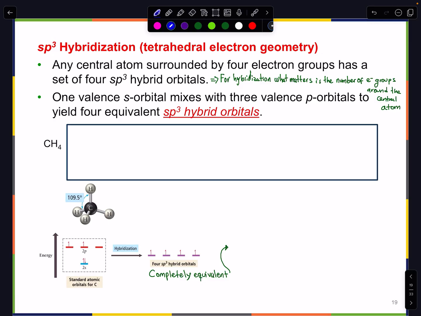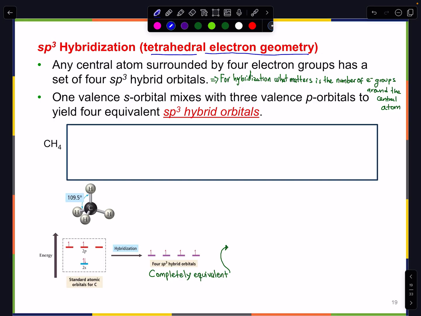This hybridization scheme will appear when you have a tetrahedral electron geometry. Remember, what we care about is the number of electron groups around a central atom, so the electron geometry. Any central atom surrounded by 4 electron groups has a set of 4 sp3 hybrid orbitals, right?